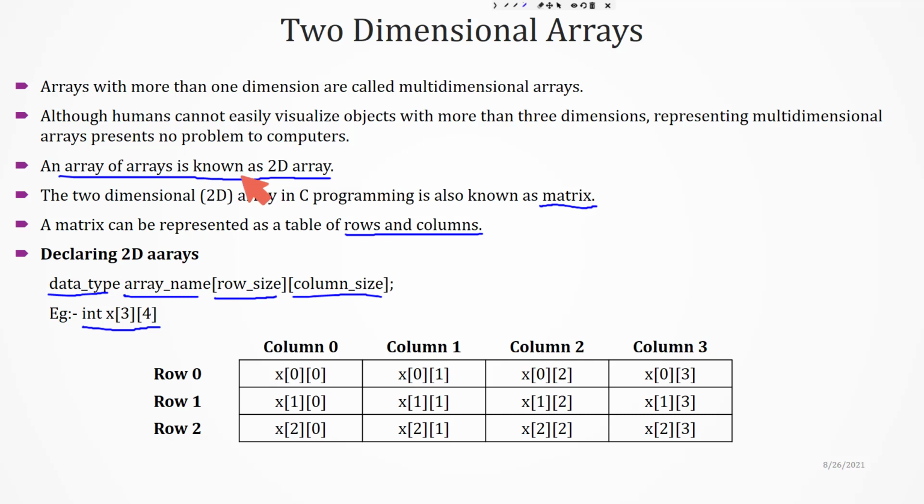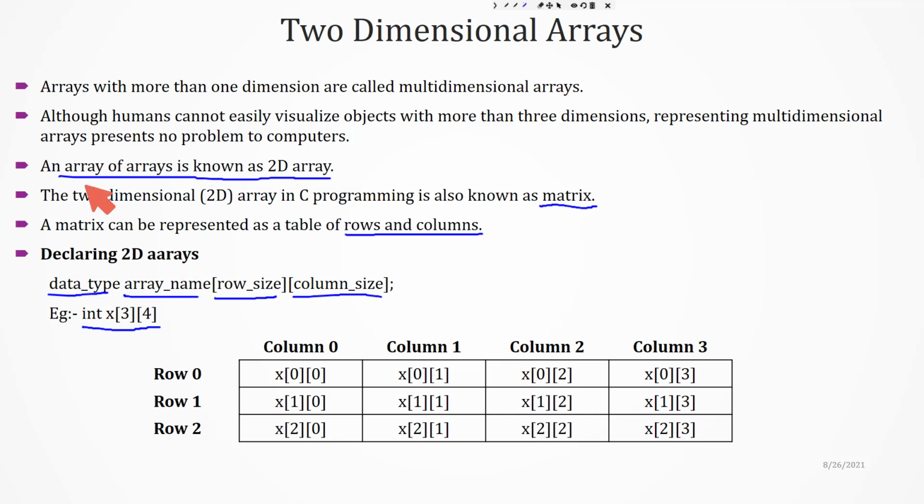So what is the definition of a 2D array? An array of arrays. If we look at it from the perspective of a one-dimensional array, I have 3 one-dimensional arrays. Those 3 can be considered as another array. That's why it is called array of arrays.